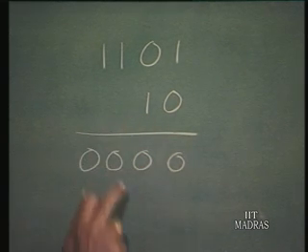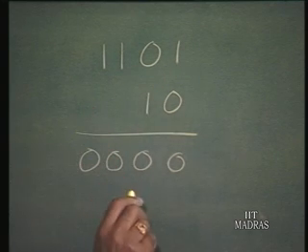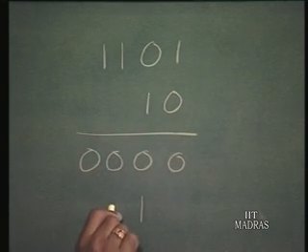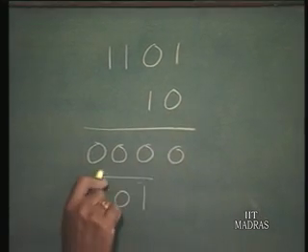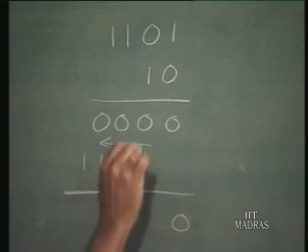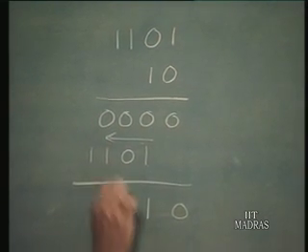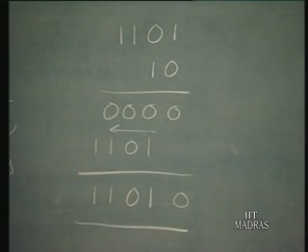If it is 0, then repeat it, because it will again be 0. If it is 1, just write the multiplicand, but shift it appropriately as I have done here, then you add these. Now, there you have the binary product.